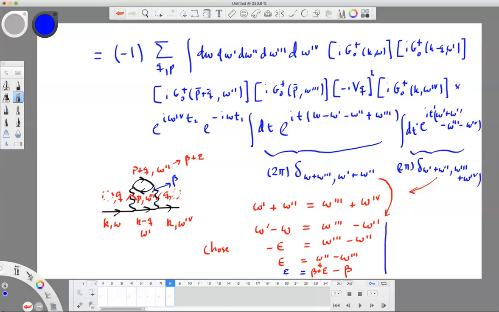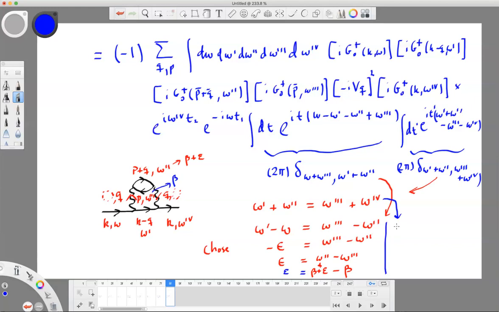Let's substitute the same values up here. So omega prime is going to be omega minus epsilon. Now we see this relationship here. I chose this difference, omega prime minus omega, to be minus epsilon. So omega prime is omega minus epsilon.